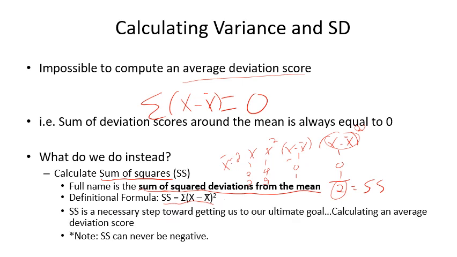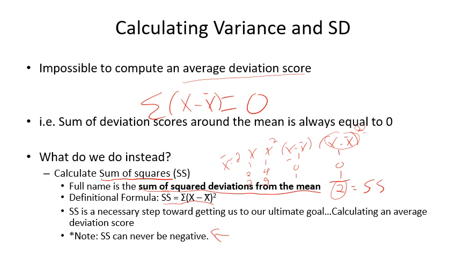Now, why are we calculating the sum of squares? Because the sum of squares is not our measure of variability we're going to use. It is going to be a number that is too high because we squared everything, so the values are too extreme. Plus, the sum of squares is never negative, since you're squaring, all values are positive.